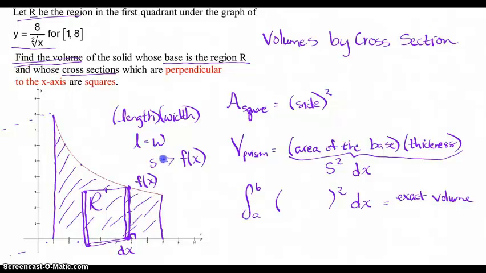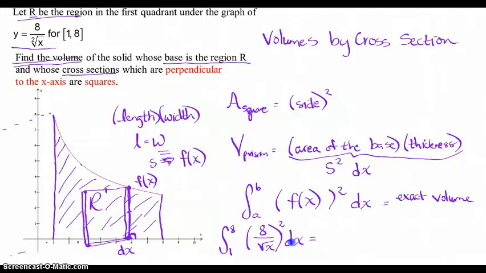So that makes the side equal to the function. And I want that squared. So the limits of integration are given to us. We start at x equal 1. We stop at x equal 8. The function is given to us. It's 8 over the square root of x. It is the area of the base, which is side squared, times the thickness.